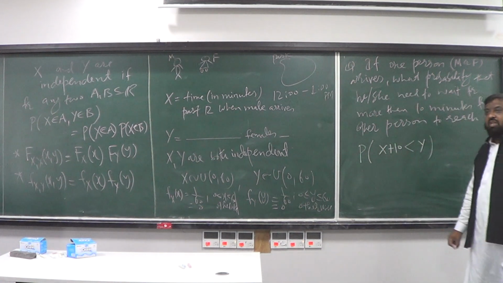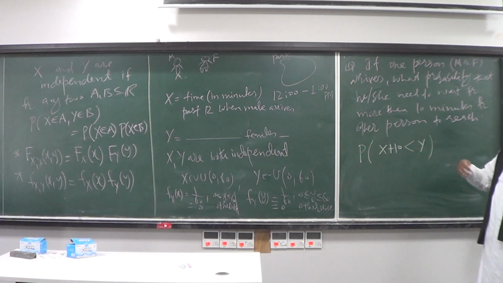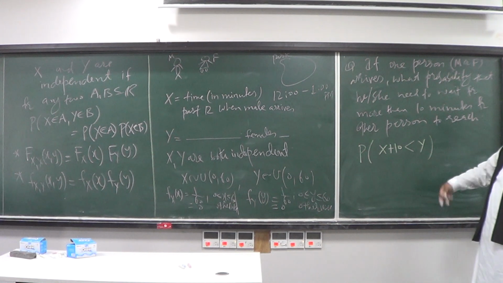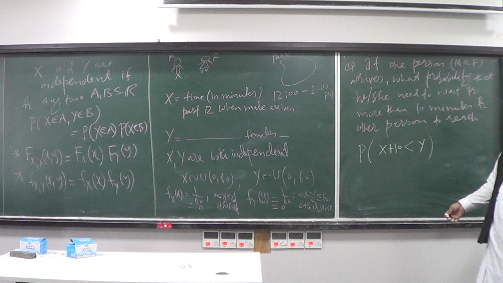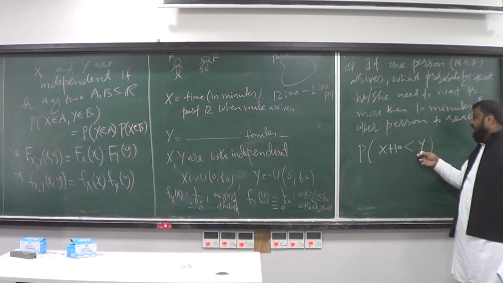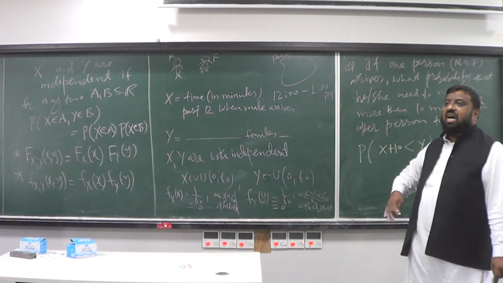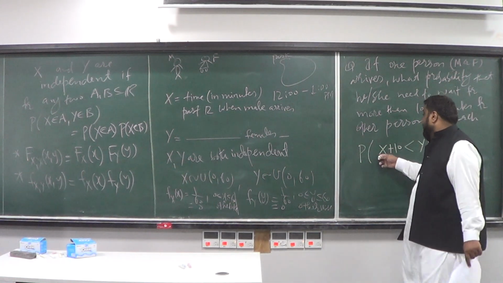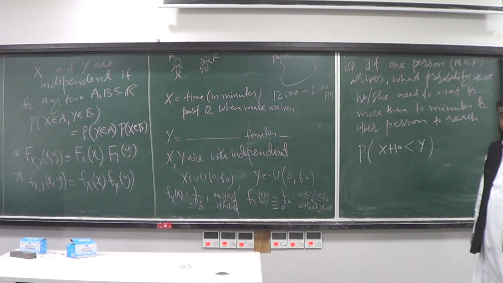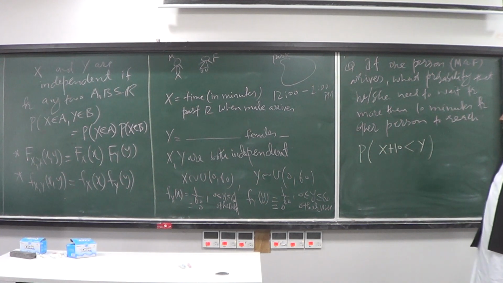So X is the time when the male reached, and plus 10, so he waited for 10 minutes. So what is the probability that Y, the female, is going to arrive after this time plus 10 minutes?